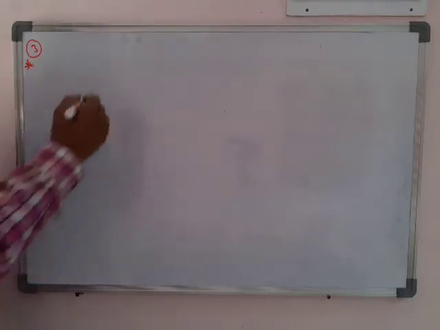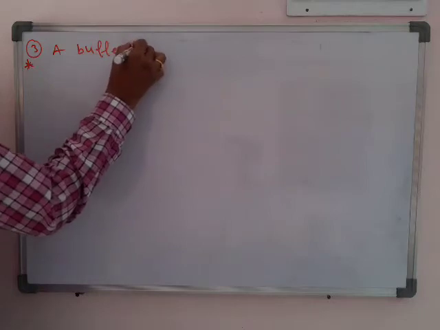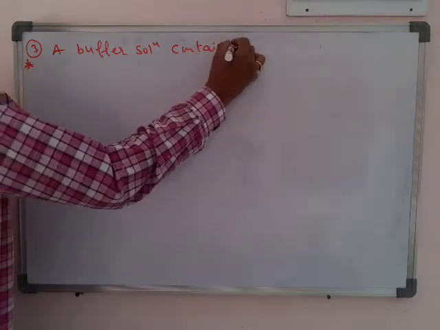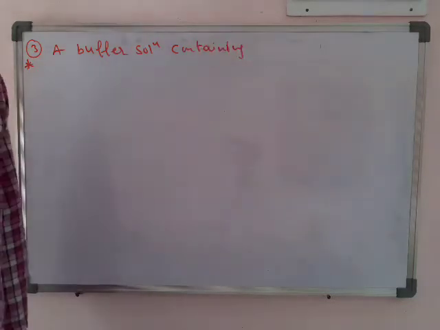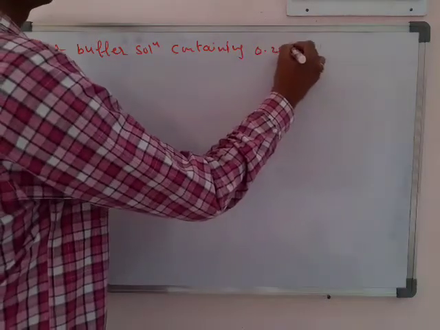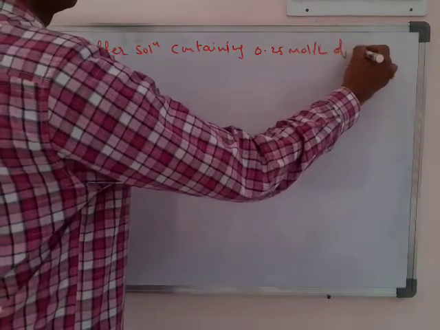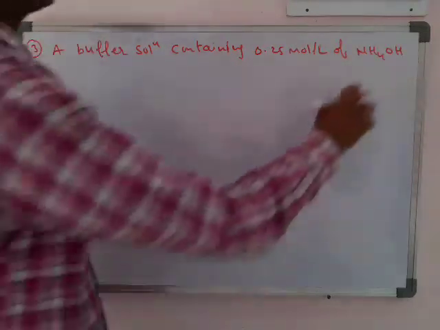Okay, take the next problem. It is a very important model. A buffer solution containing 0.25 moles per liter of ammonium chloride.